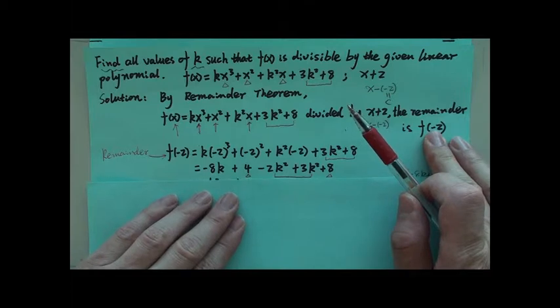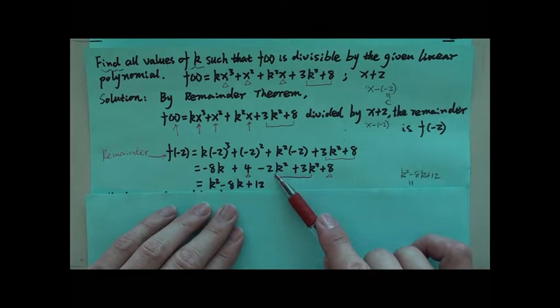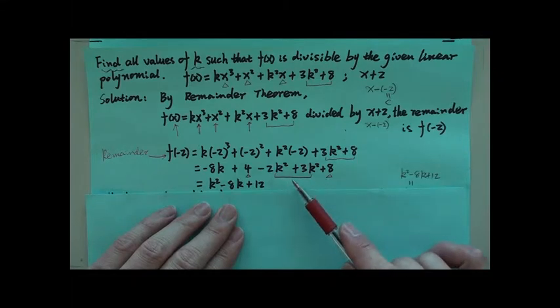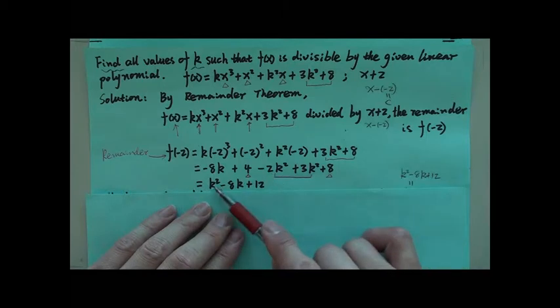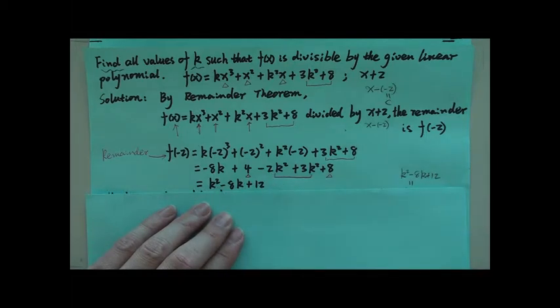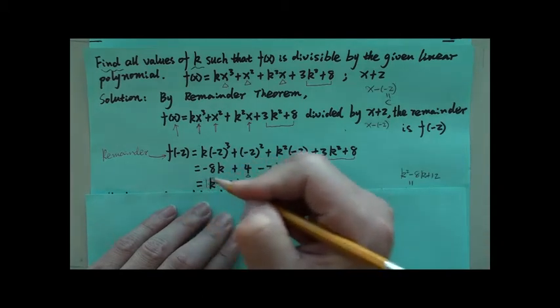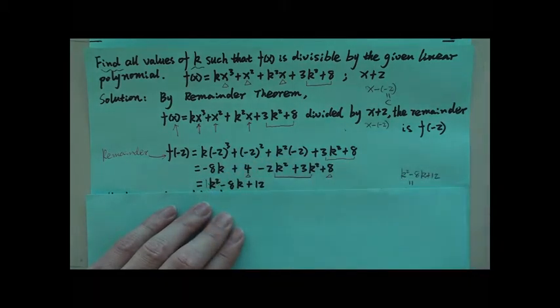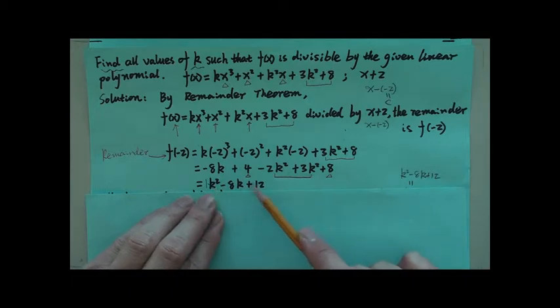Now, keep going. Here we have k squared terms, so we combine them. 3 minus 2 is 1. If you want to write 1 here, it's fine, but you know 1 times anything is that thing, so you don't need to write 1. If it's 1, you just don't write it.